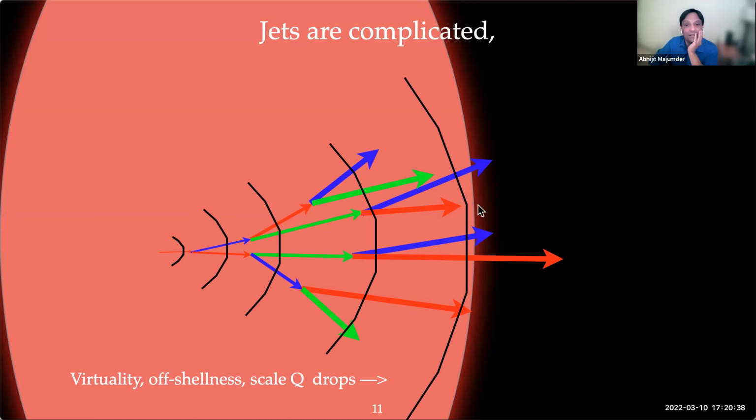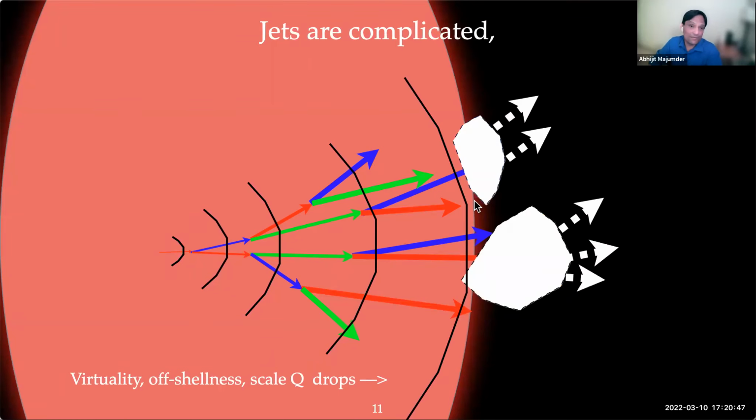Okay, and some of that will show up at momentum scales of the bulk medium, and some of the jet will cleanly get out of the medium and hadronize and be clustered as a jet in your experiment. But some of what you catch and think of as a jet will be an excitation of the medium as well. So all of that gets mixed up together in the experimental observation of a jet.